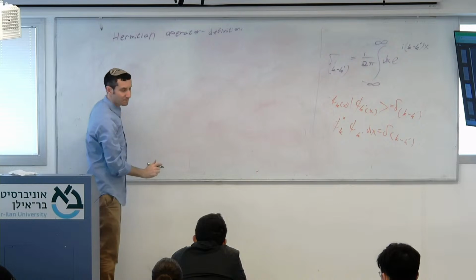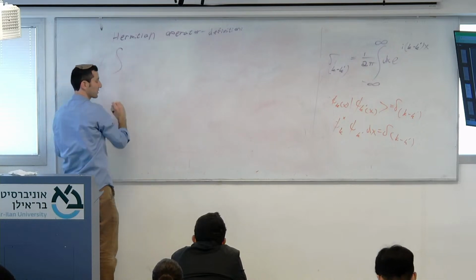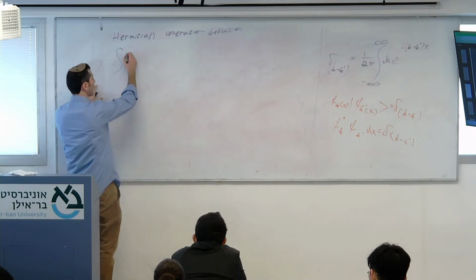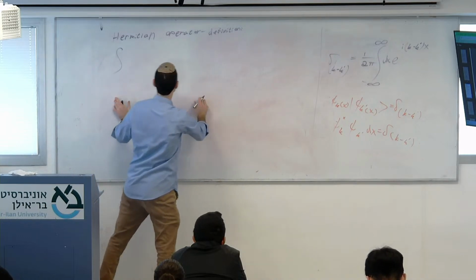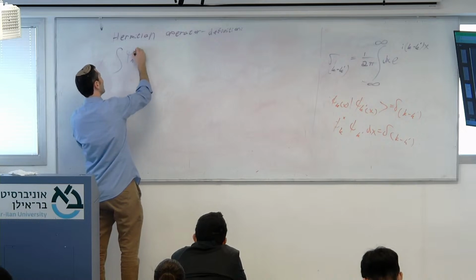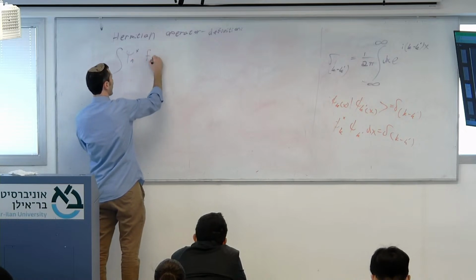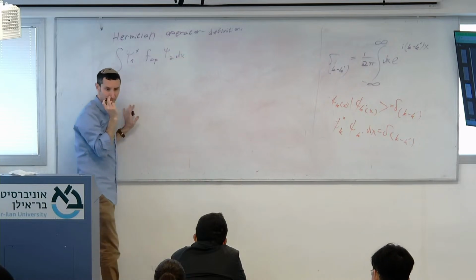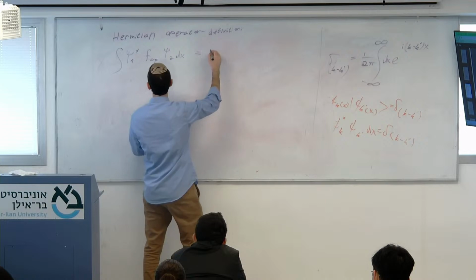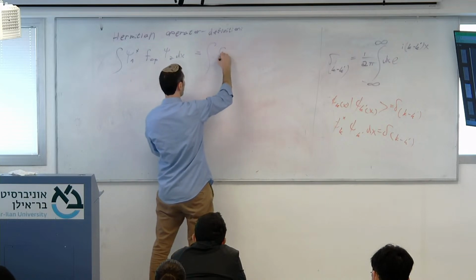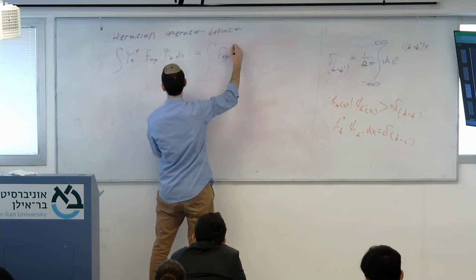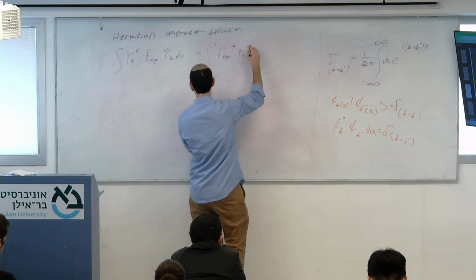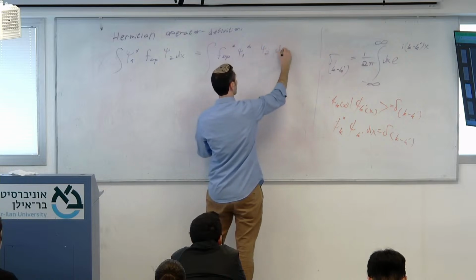If I do the integral of psi 1 star, f operator psi 2 dx, it is equal to doing the integral of f operator psi 1, complex conjugate, times psi 2 dx.